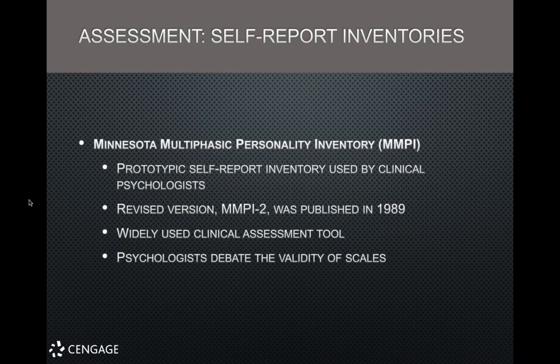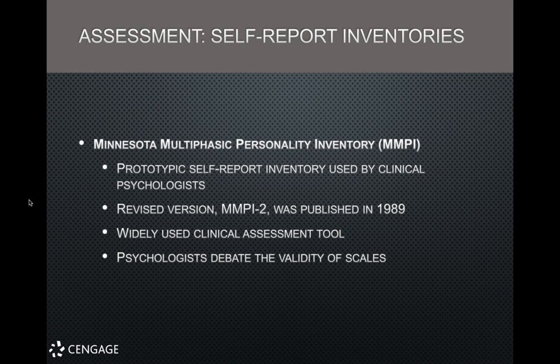If you've heard of this, the Minnesota Multiphasic Personality Inventory, or the MMPI, is the gold standard assessment of personality. It is a prototypic self-report inventory used by clinical psychologists. The revised version was published in 1982, which is known as the MMPI-2. It's a widely used clinical assessment tool.